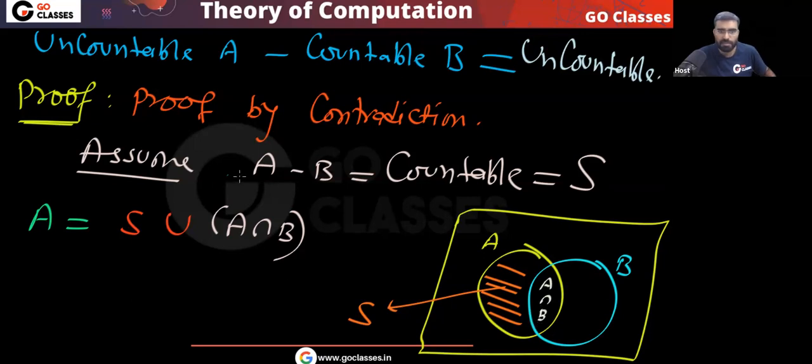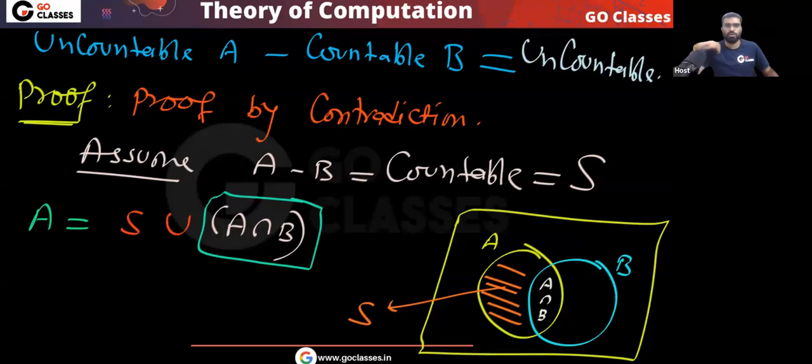You tell me one thing. A intersection B, how can you say this is countable? I am saying this is countable because it is a subset of B. Agree or not?